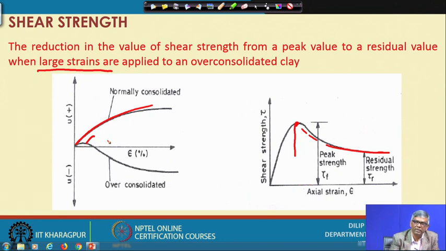Since volume increases, your pore pressure will be negative. So, this is the pore pressure measurement during shear for over consolidated clay. There will be an initial increase in positive pore pressure, and then at some point negative pore pressure will be continuously observed during shearing.